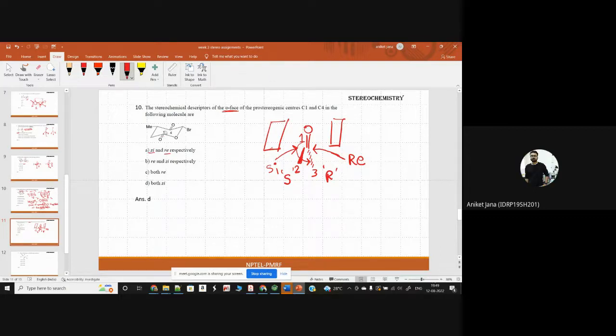So at first, let's check C1. This is a carbonyl carbon, a pro-stereogenic center. So tell me, what is the priority order around this carbon? Which is your first priority? Double bond O. Are you sure? Yes, sir. Double bond first priority.